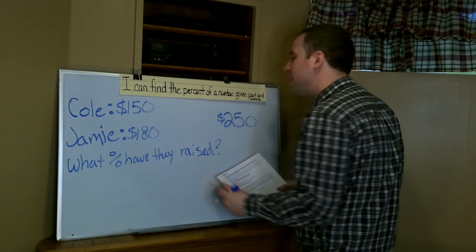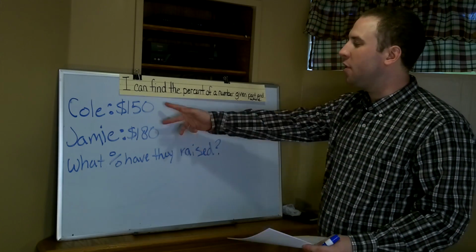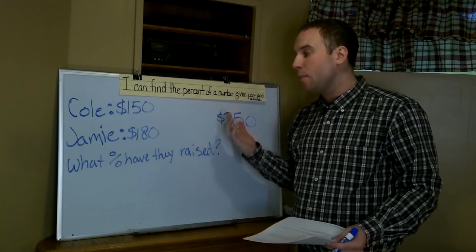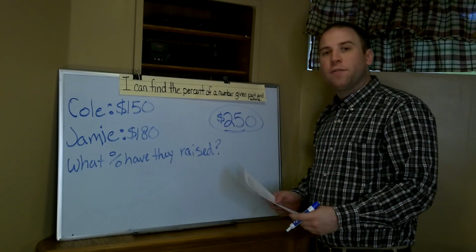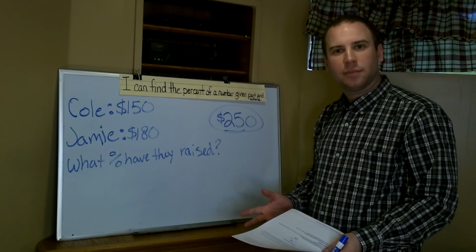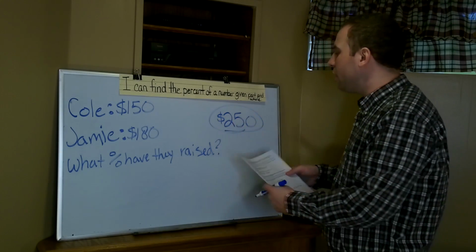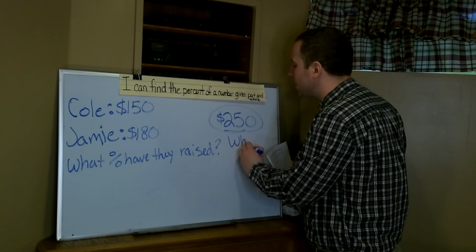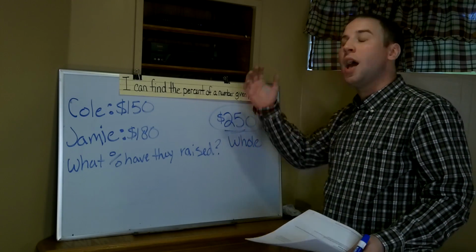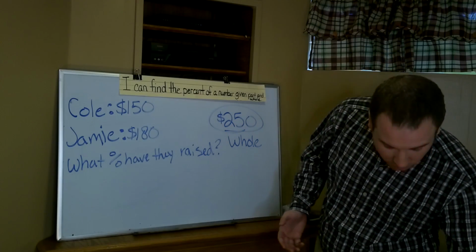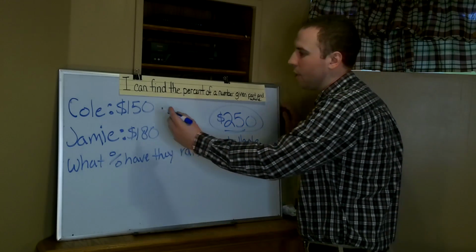We're going to need to set up two separate problems to figure out percentages for this problem. First things first, what is our whole for this entire problem? Correct. $250 is our whole, because that's the money that both Cole and Jamie are trying to earn for their fundraiser independently.